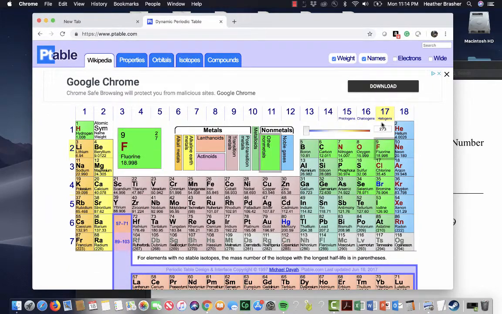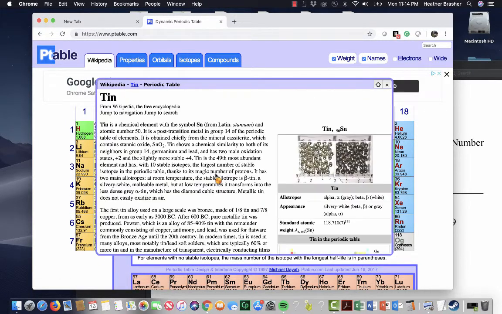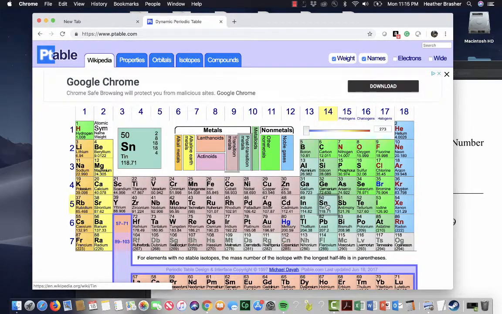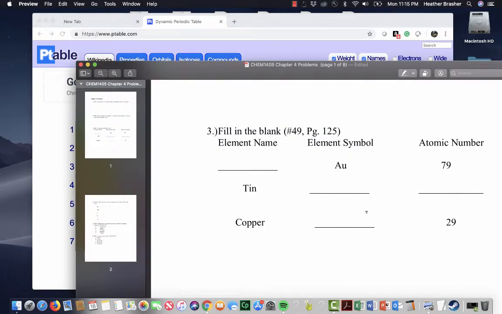We're not going to find it anywhere over here in these green, or even in this area right here where metalloids are. If you look, you'll notice it's right here. This is a really cool thing. It pulls up all the information. So Sn is the atomic symbol and the atomic number is 50, so 50 protons.